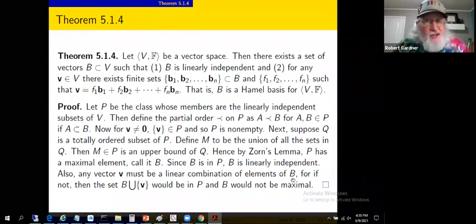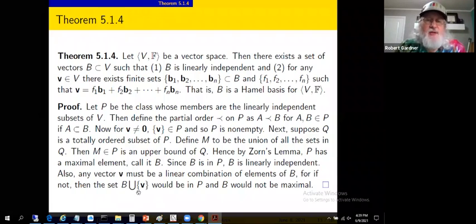So we've taken an arbitrary vector V, and we're claiming it's in the span of set B, giving us the spanning set property. Because if it isn't, then look at the set B union this other vector V. That would also be a linearly independent set, and it would be a superset of B. So it'd be something bigger than the maximal element, and there is nothing bigger than the maximal element.